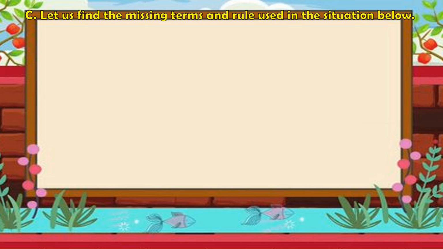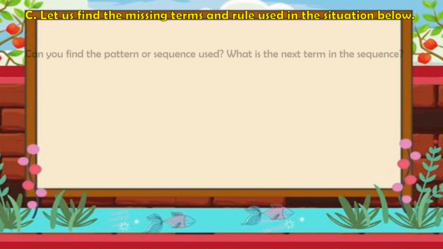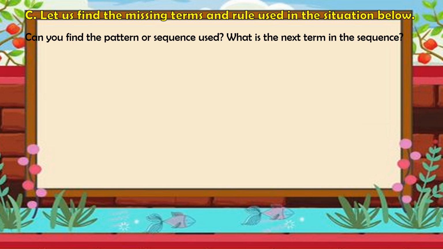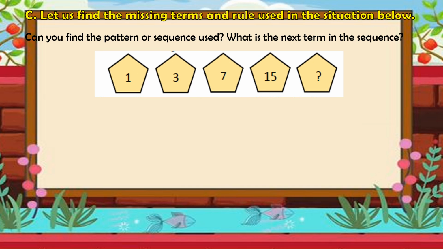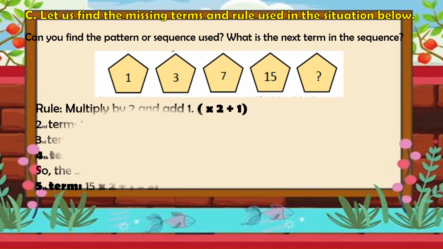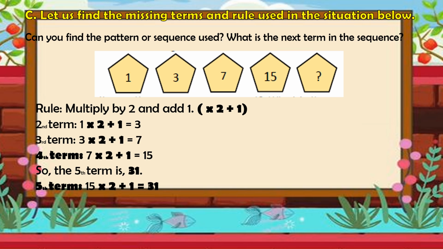For letter C, let us find the missing terms and rules used in the situation below. Can you find the pattern or sequence used? What is the next term in the sequence? So we have 1, 3, 7, 15, and then the next term. So the rule will be multiply by 2 and add 1, or times 2 plus 1.